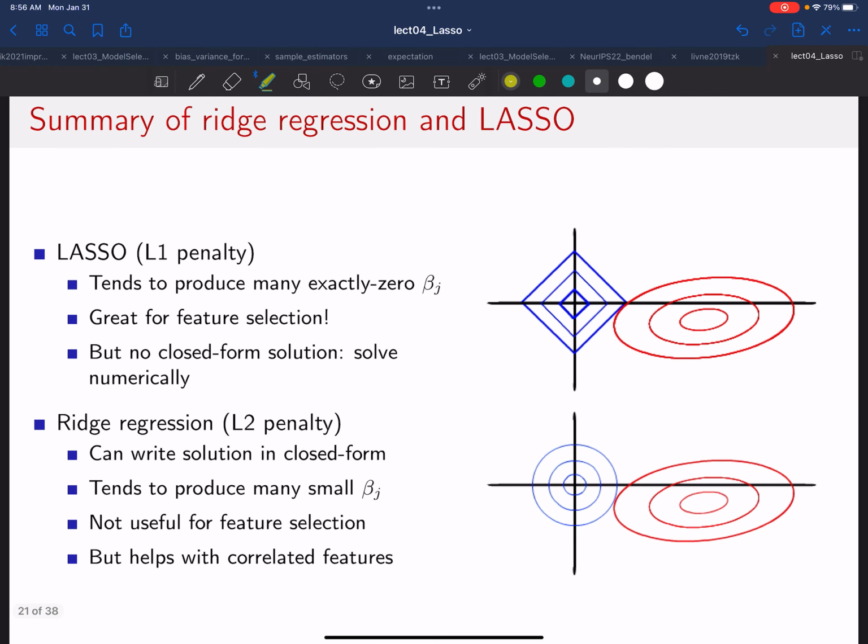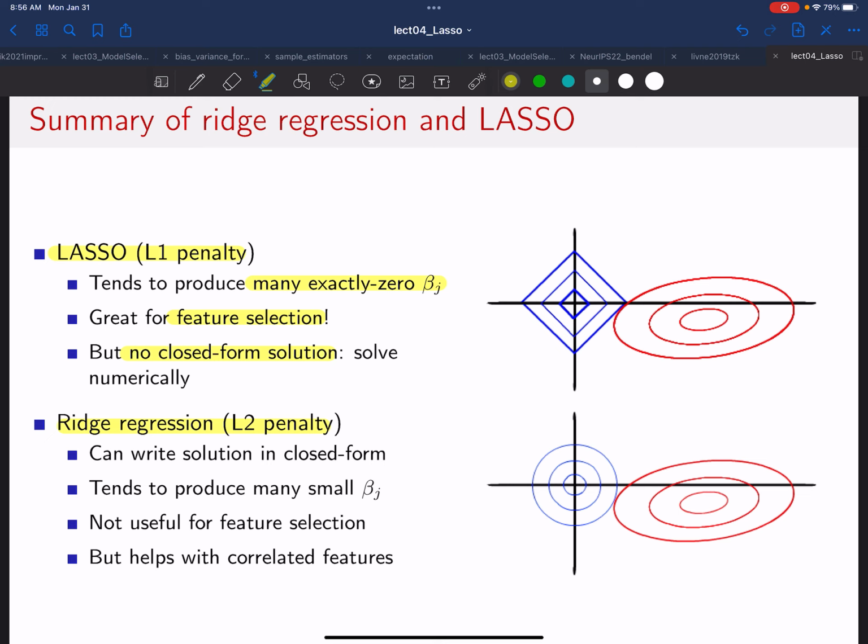So let's just summarize these 2 methods now that we've covered them. Lasso is RSS plus an L1 penalty, whereas ridge regression is RSS plus an L2 penalty. Lasso tends to produce many exactly zero valued beta j, which means it's great for feature selection, but a disadvantage is that there's no closed form solution.